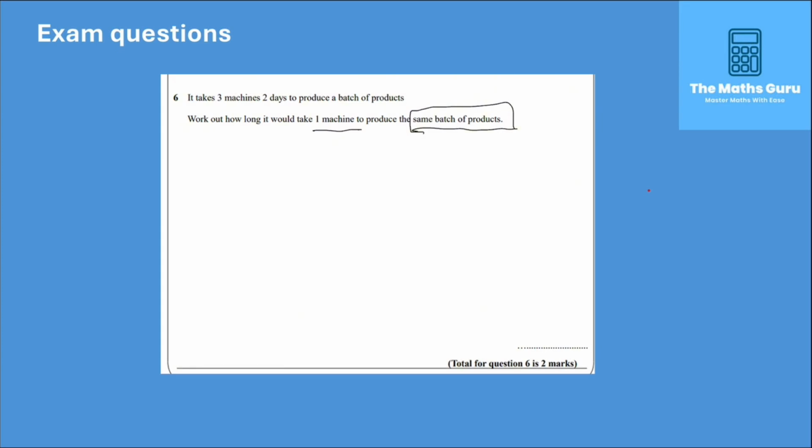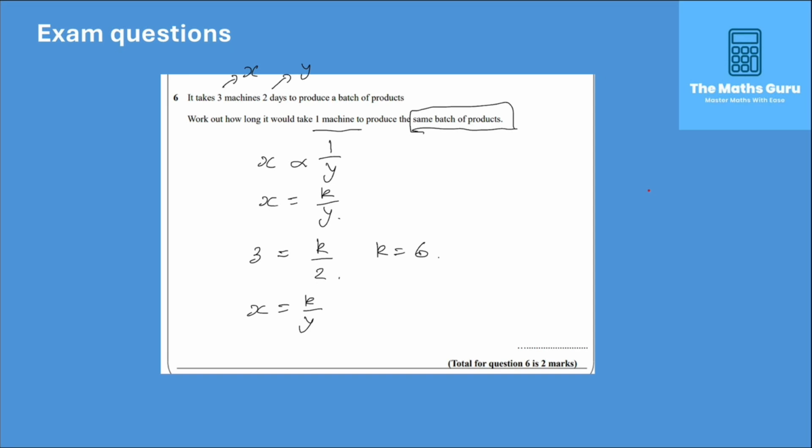So setting up our equation, we have 3 machines as our x and 2 days as our y. When we have inversely proportional questions, we have x is proportional to 1 over y and x is equal to k over y. Filling in what we know, we have 3 is equal to k over 2, making k equal to 6. Setting up our new equation with our new x, we have x is equal to k over y.